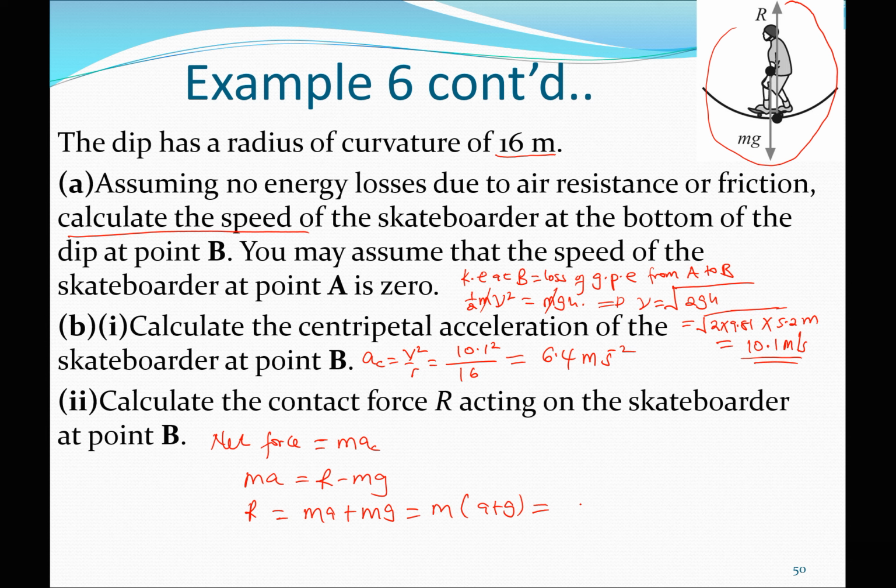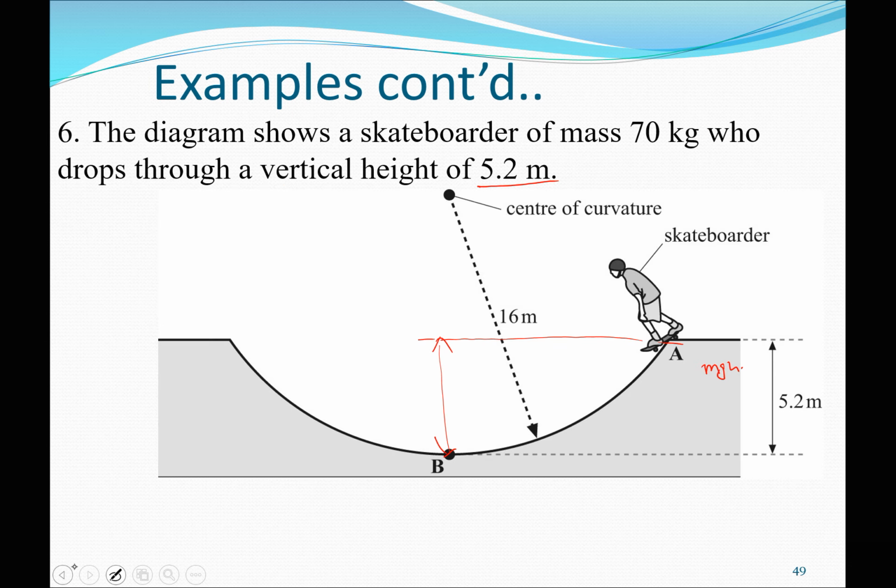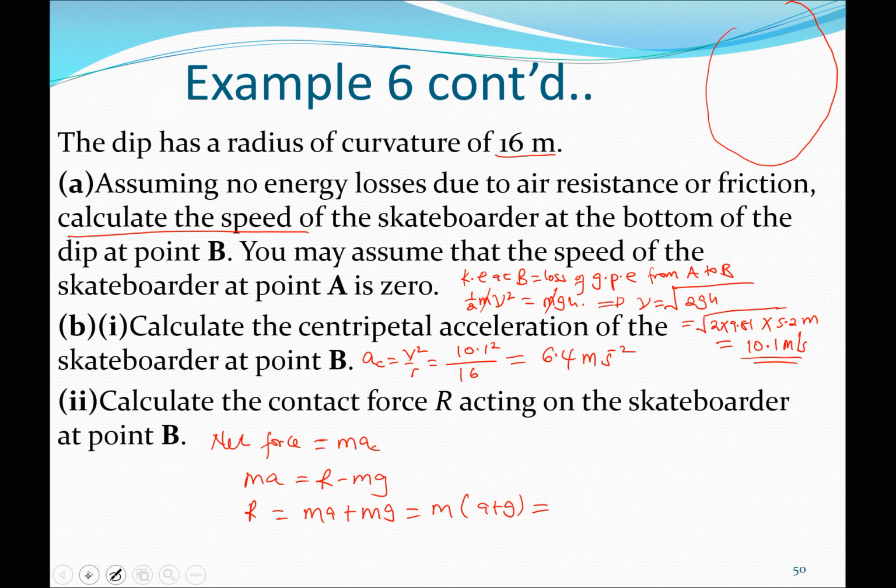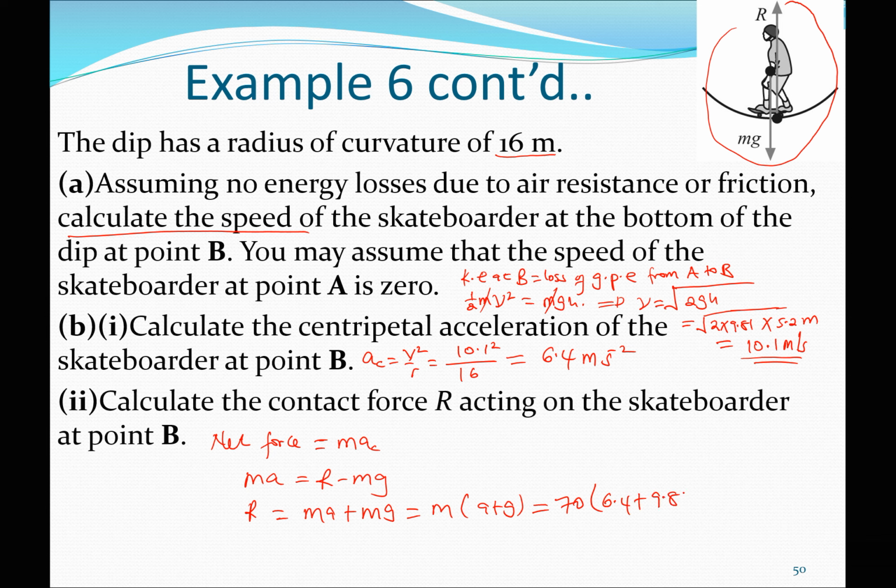The mass of the skateboarder was 70. So this is going to be 70 into a, which is the centripetal acceleration, 6.4, plus g, which is 9.81. I want to use 6.38 so that I have three significant figures for both.